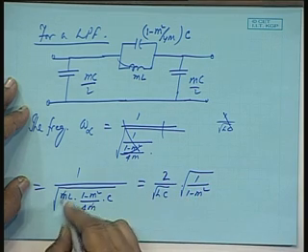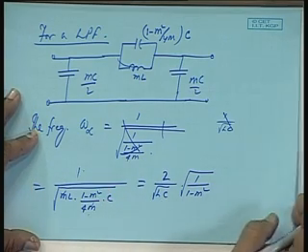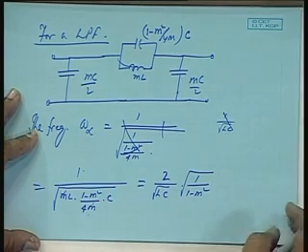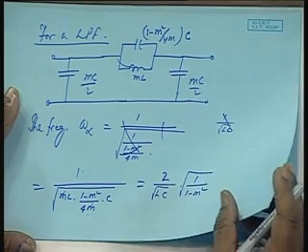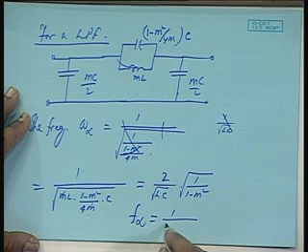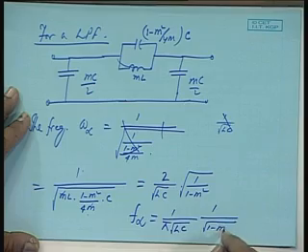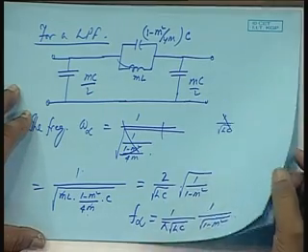This m will get cancelled, 4 will come here as 2. So, 2 by root LC, 1 minus m square, and from here f infinity will be therefore 1 by pi root LC, 1 by 1 minus m squared.